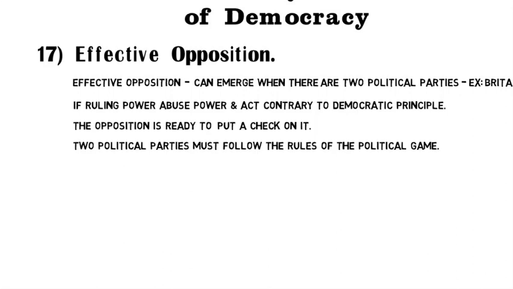And that is why effective opposition is very, very important. It is not always that the ruling party is more important in a democracy. Yes, it is important, but it is always the opposition which must act as a checks and balance to the working of the ruling party.